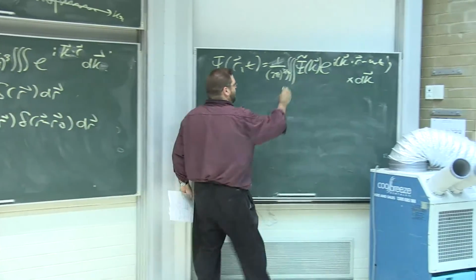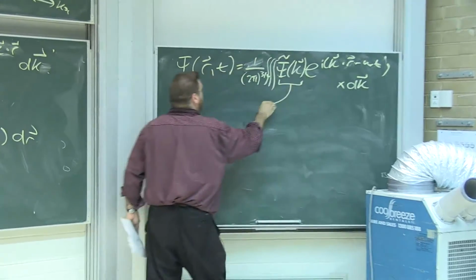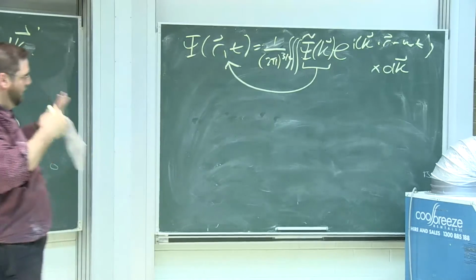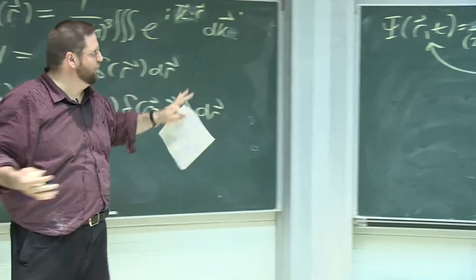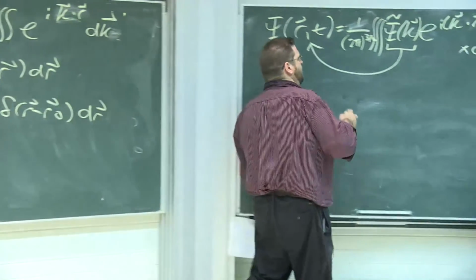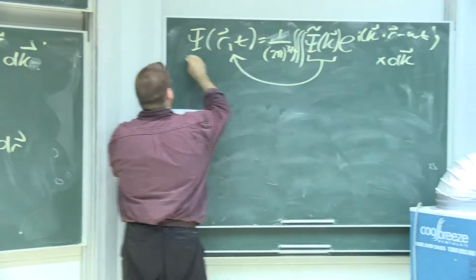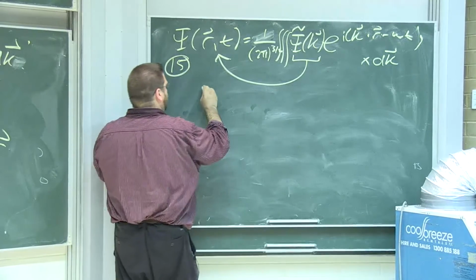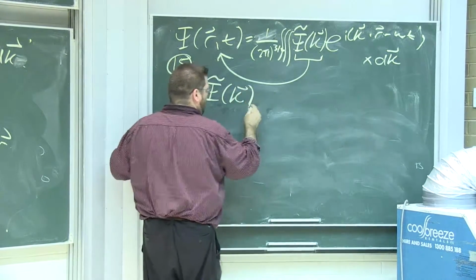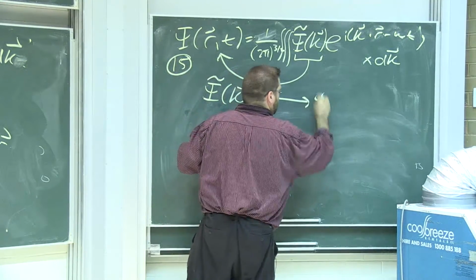Again, I emphasise this was a Fourier integral. You give me the momentum space wave function, I'll use those as weighting coefficients to add up the plane waves to give me an arbitrary function. So equation 15 tells you how to go from the momentum space wave function, which is one way of representing the quantum system, to the wave function.